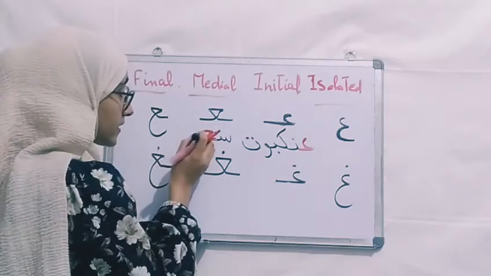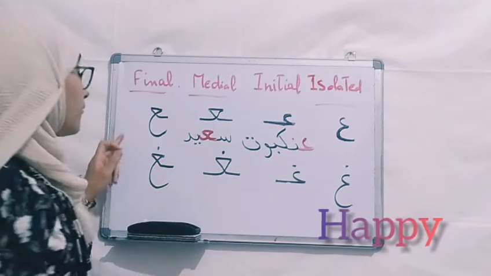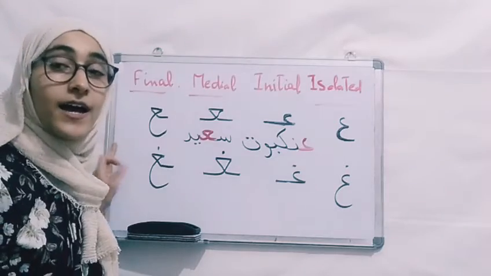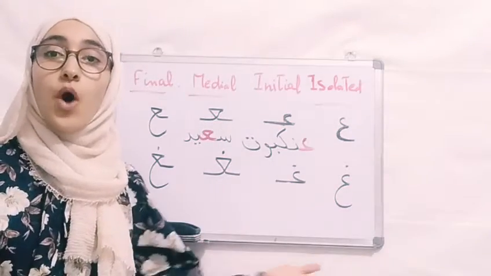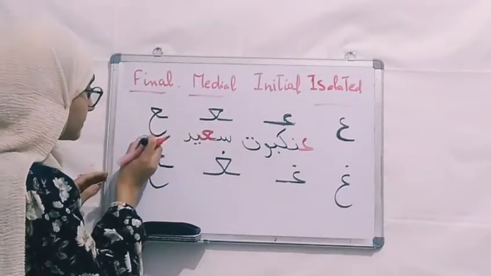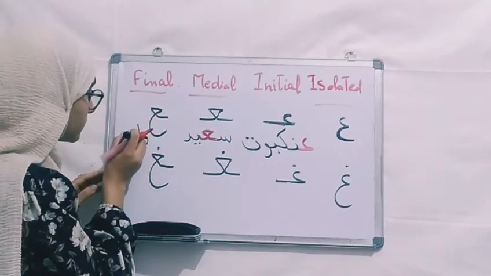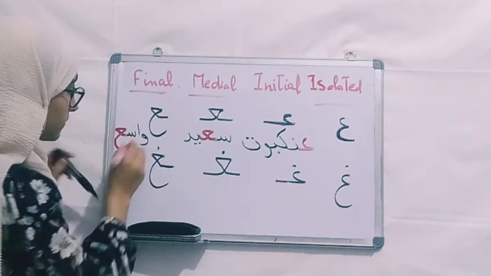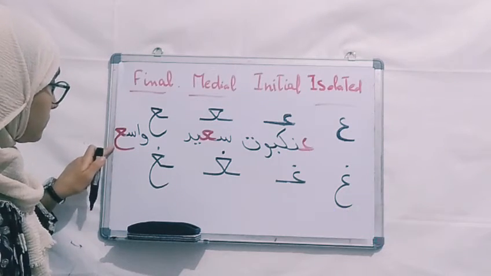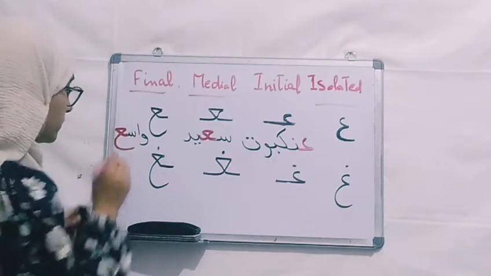And the final form, for example, we have Wasa'. Wasa' means wide. Sorry. Maybe you didn't see it well.